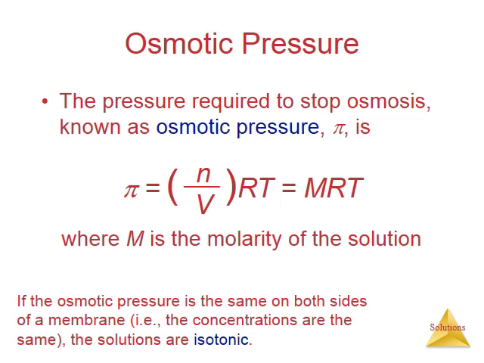Osmotic pressure is represented by pi, and that's given by MRT. M stands for molarity of the solution, R is the gas constant, and T is temperature in Kelvin. If the osmotic pressure is the same on both sides of a membrane, then the solutions are called isotonic.